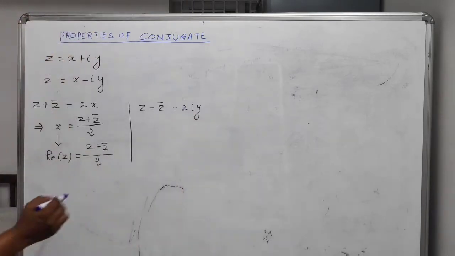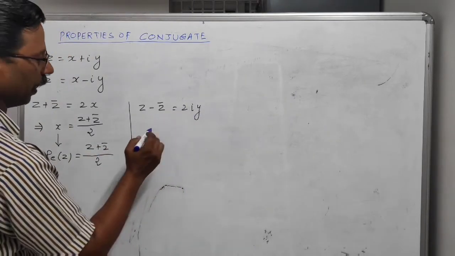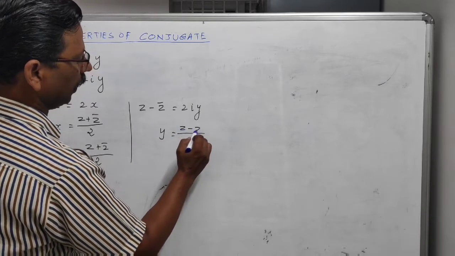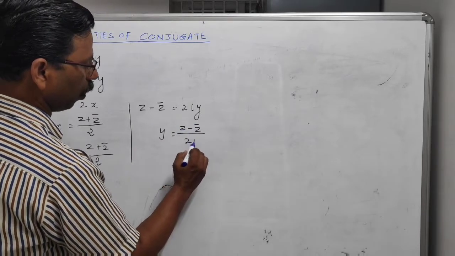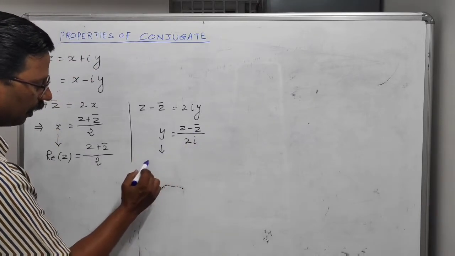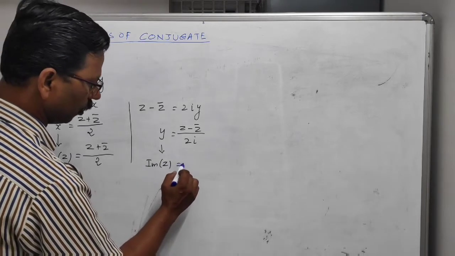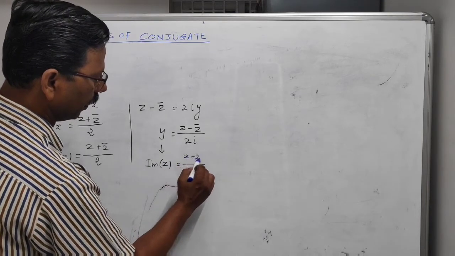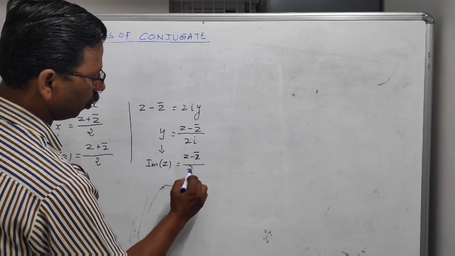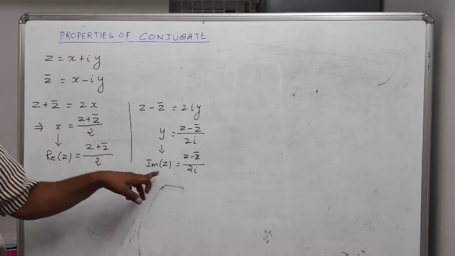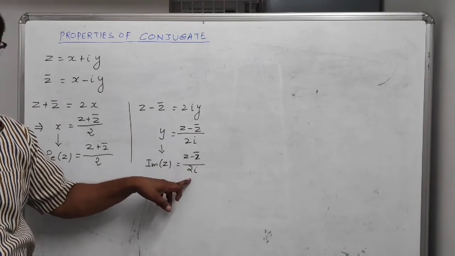From this, you find the value of y. y is equal to z minus z bar by 2i. This y is nothing but the imaginary part of z, which is equal to z minus z bar by 2i. Therefore, if the two complex numbers z and z bar are given, the real part of z is z plus z bar by 2, and the imaginary part of z is z minus z bar by 2i.